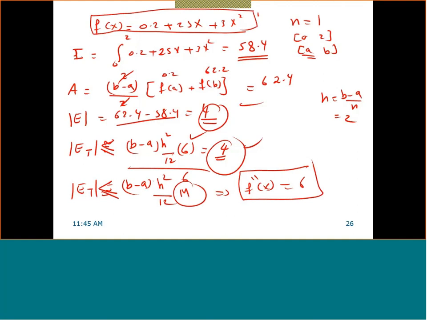So if I have a second order function, I can exactly find the error. Now, if you go n equal to 2, do the same thing, you will find the exact error as well, and so on. So I thought this is an interesting point to link how to find the error and to understand the meaning of this M and f double prime.